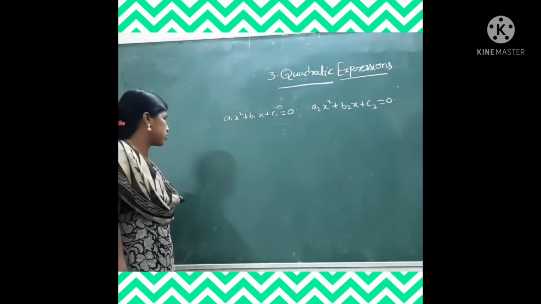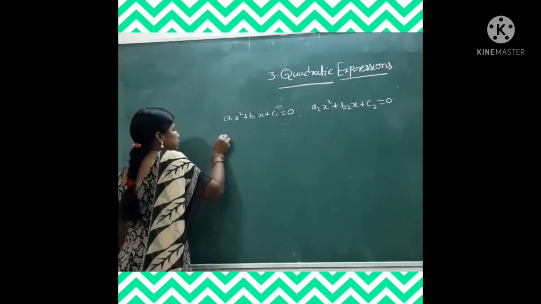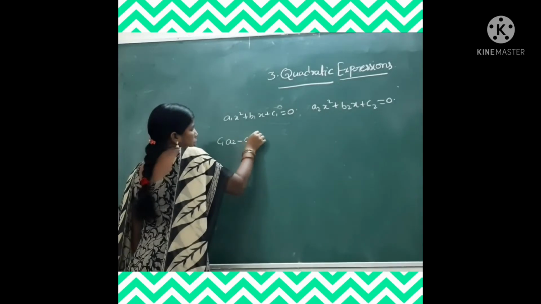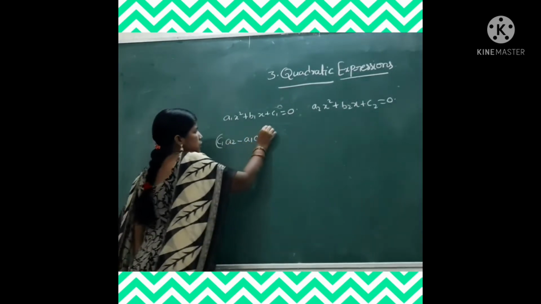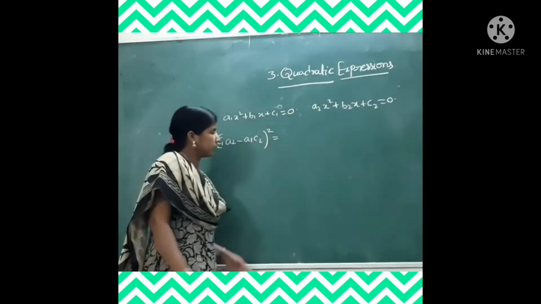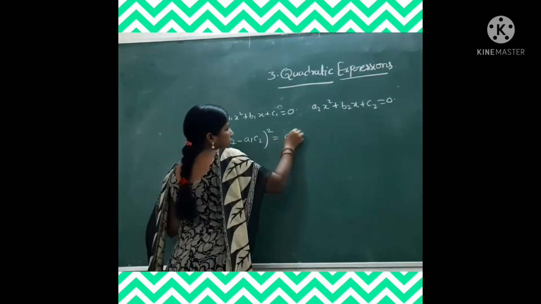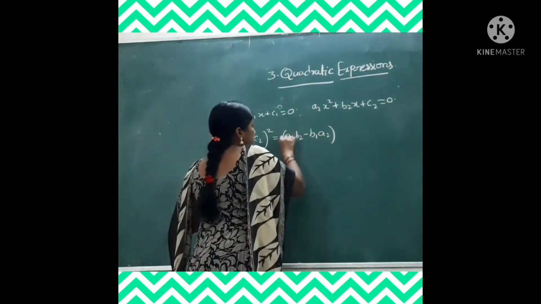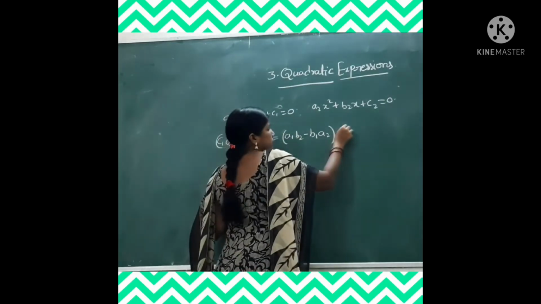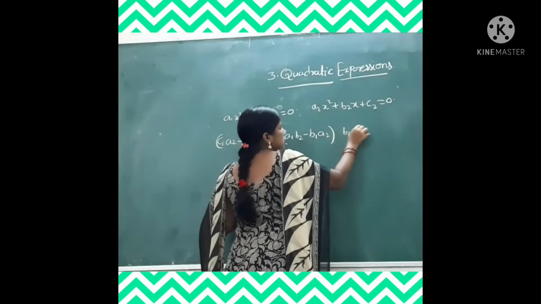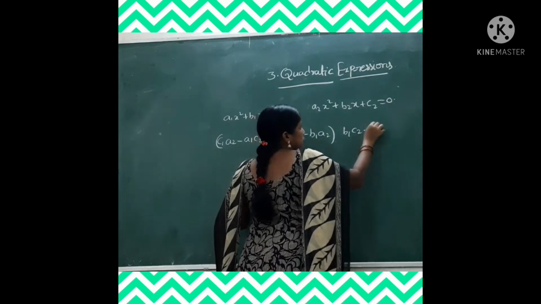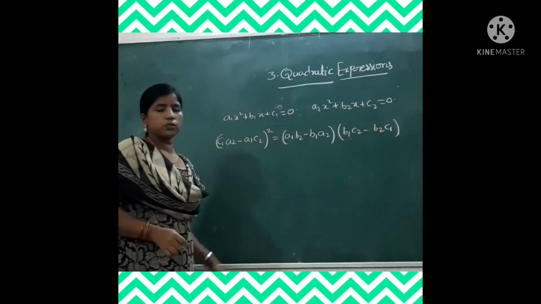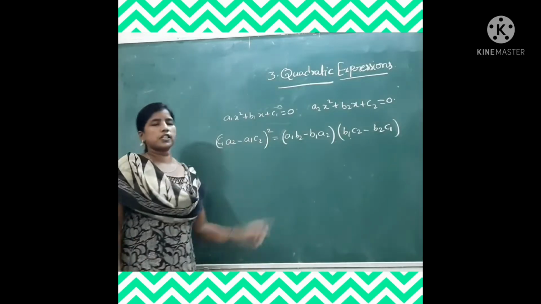What is that formula? c1a2 minus a1c2 whole square is equal to a1b2 minus b1a2 into b1c2 minus b2c1. This is the condition for a common root of both quadratic equations.